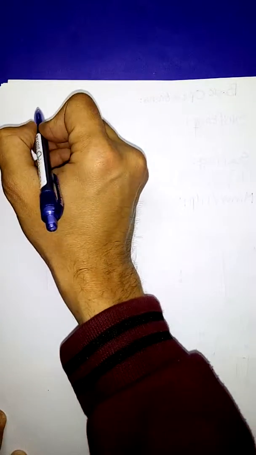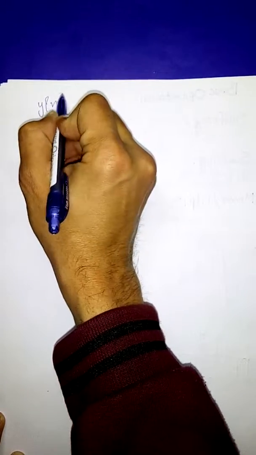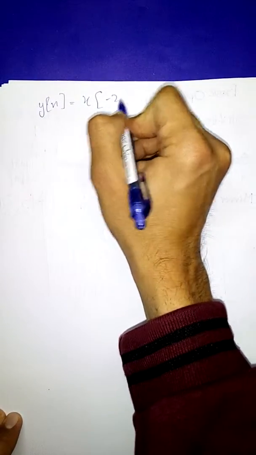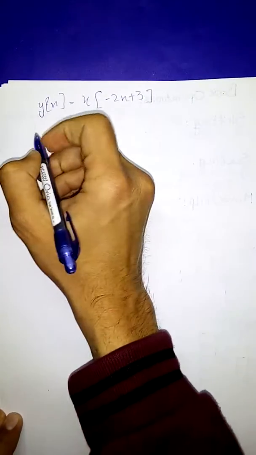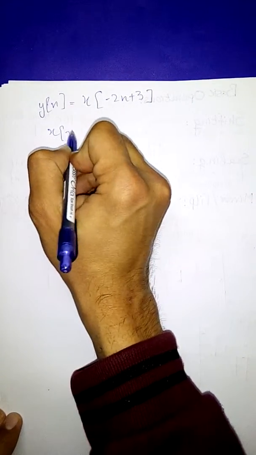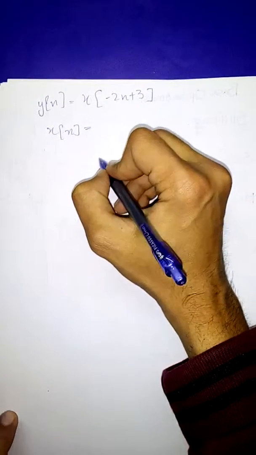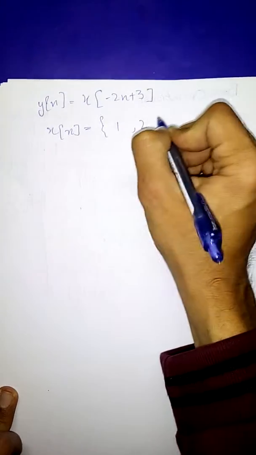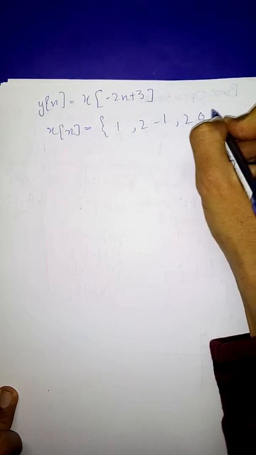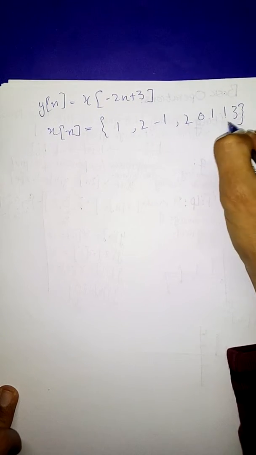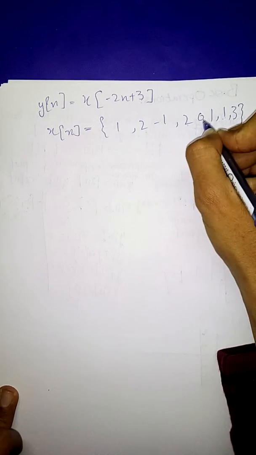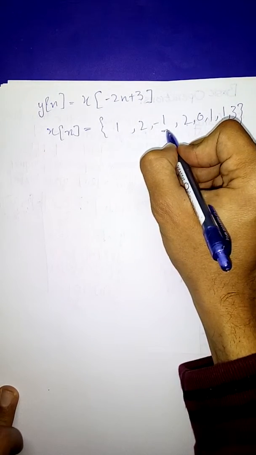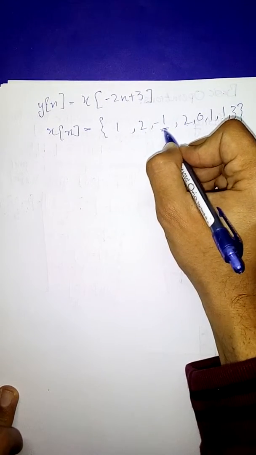We have y of n, which is the system function, transfer function, which is equal to x of -2n plus 3, and we have x of n, which is equal to 1, 2, -1, 2, 0, 1, 1 and 3. This here is the 0th position. I'll double underline it.